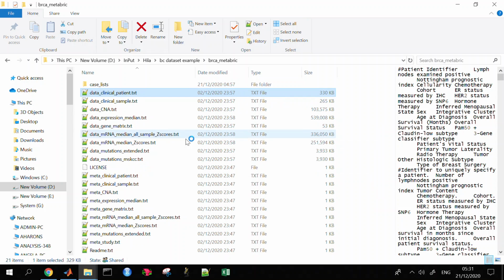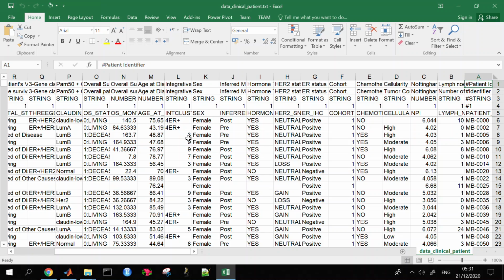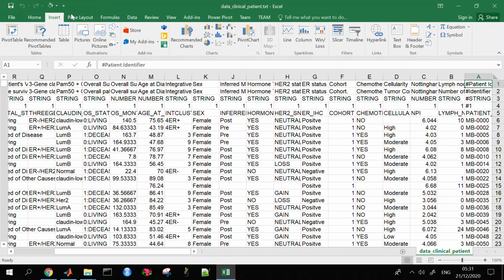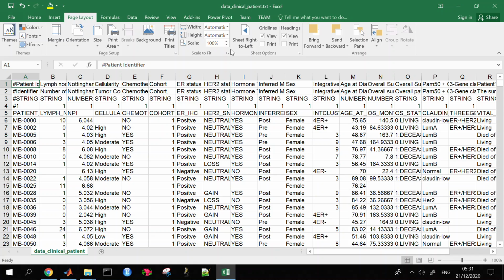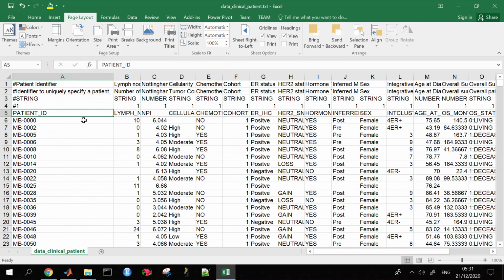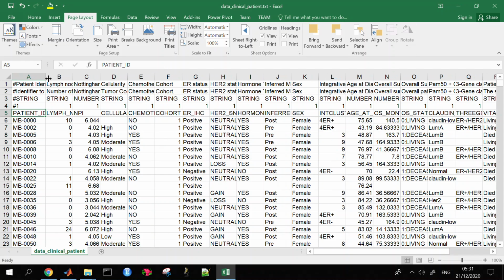Let's open it again with Excel, and that's a good clinical table. And as you can see here, we have the patient's IDs. Now, the clinical table and the gene expression table both have the same patients, yeah.